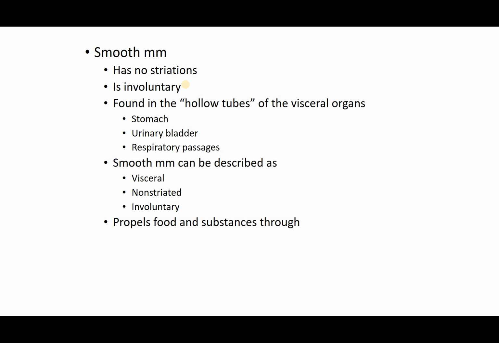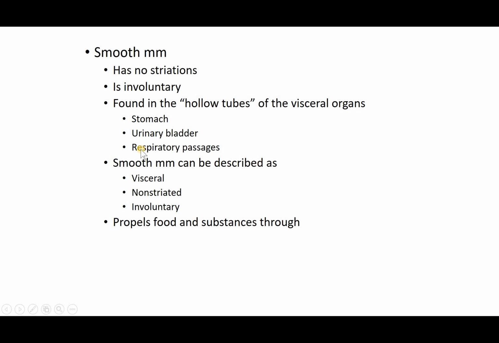If you think about it, when you eat, you don't sit there and tell your body, okay, digest the food and move into the next tube, move into the next chamber. You don't consciously control that. Your involuntary nervous system does it for you.